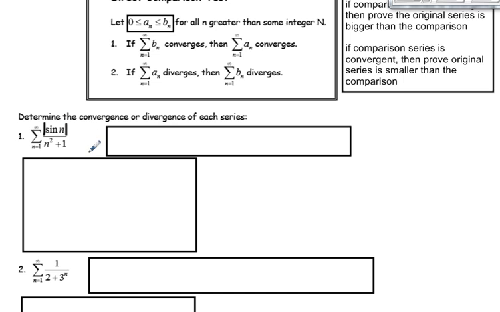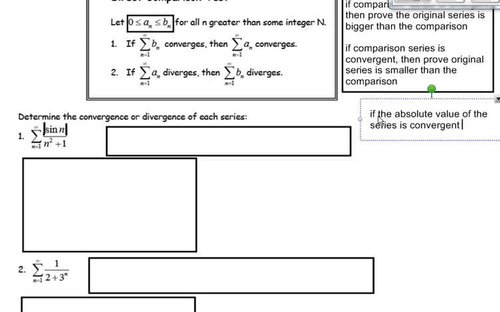Now, the reason I can do that, and this is something that I haven't gone over yet, but I'm just going to quickly type it here, and then we're going to look at it more in depth later. But if the absolute value of the series is convergent, then it follows that all the time, if the absolute value of the series is convergent, then the original series is convergent.